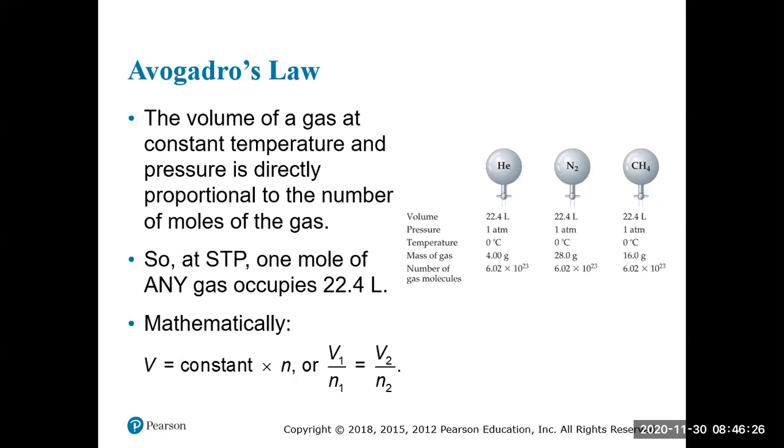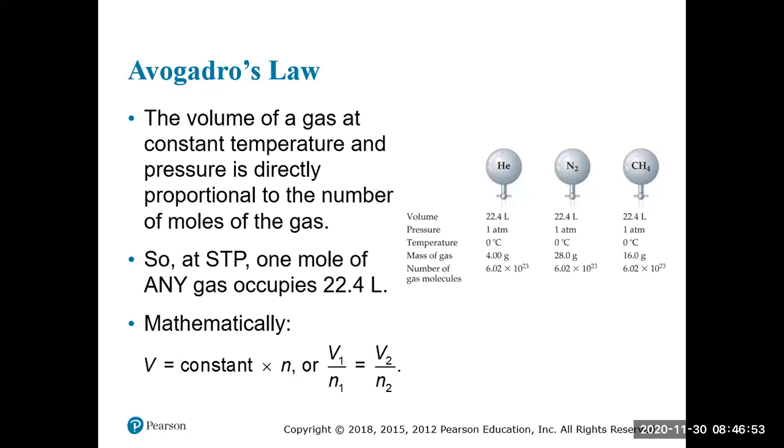So at standard temperature and pressure, remember we said that pressure is 1 atmosphere, and then 25 C is the temperature. 1 mole of any gas occupies 22.4 liters.